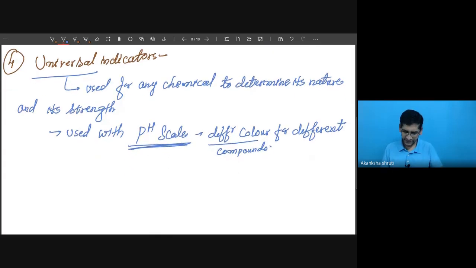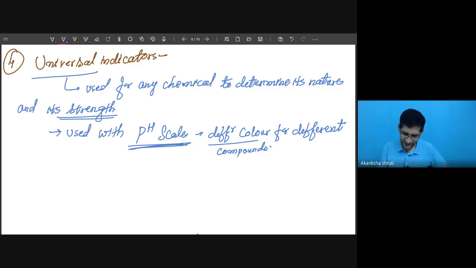Student, another important thing that we have to keep in mind is that it can also give the strength. How strong is the acid or how strong is the base? This we will learn in the pH scale, where we will see different colors at different concentrations of hydrogen ion.